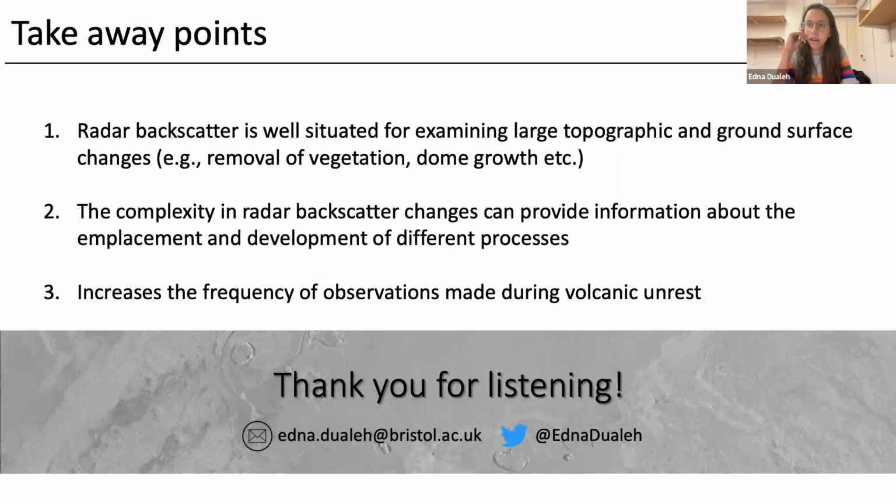I think there was some work being done on looking at the backscatter data for that eruption for the pyroclastic flows. I think it captured most of the pyroclastic flows, but some of the smaller ones, it missed.